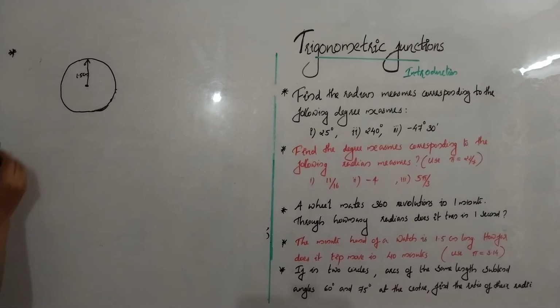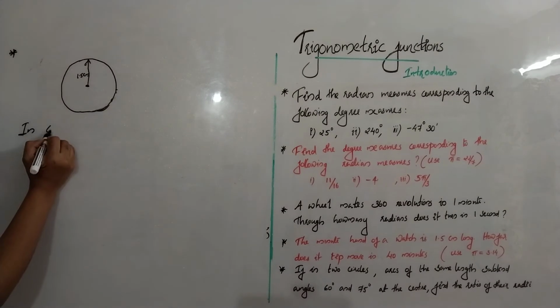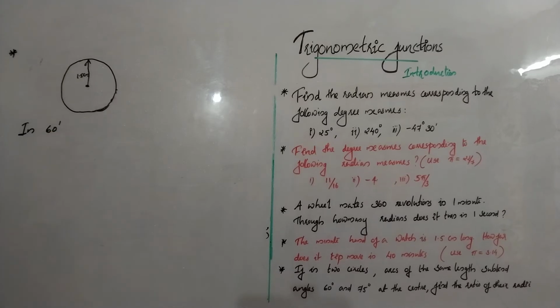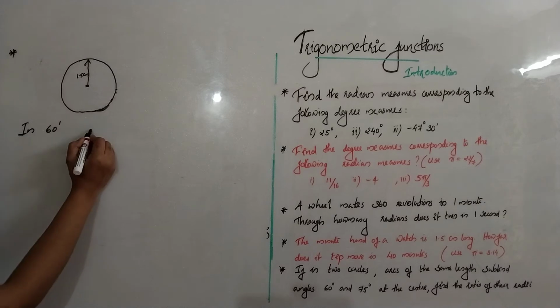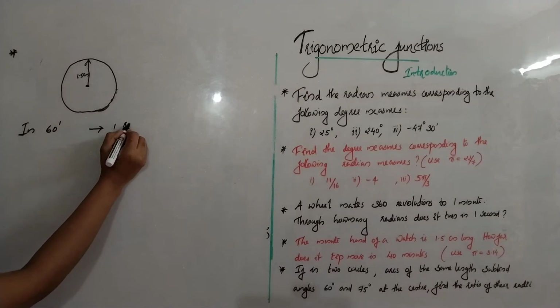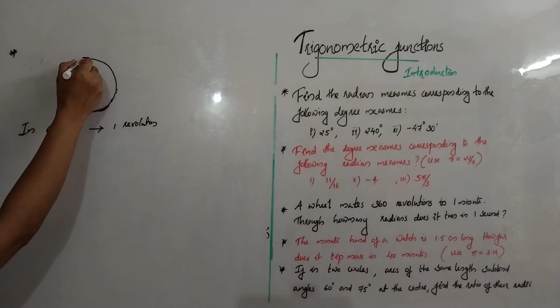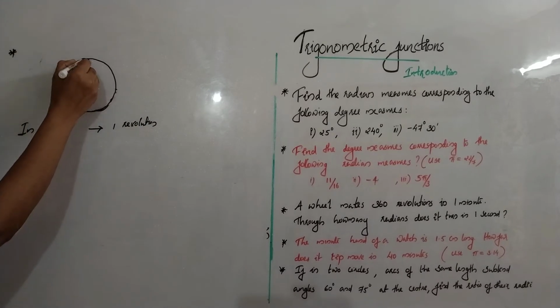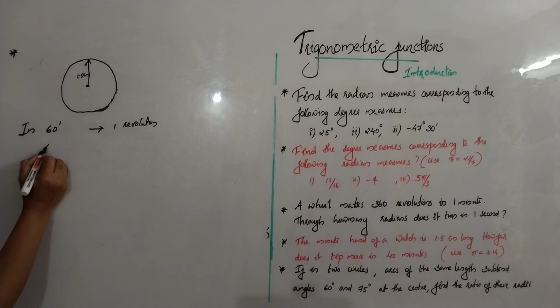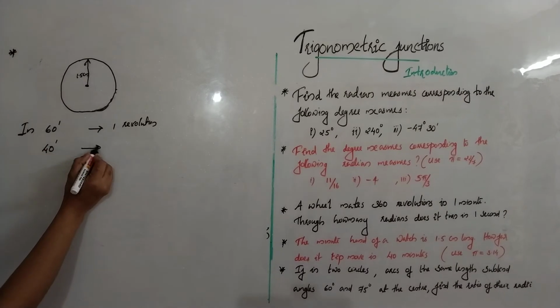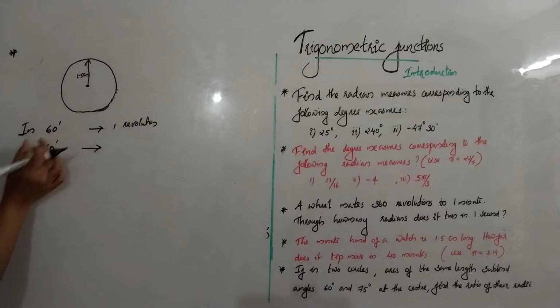Here we know that in 60 minutes the minute hand of a watch completes 1 revolution. So in 40 minutes it completes, if you divide 60 into 3 equal parts, 40 is what? 2/3 of 60.